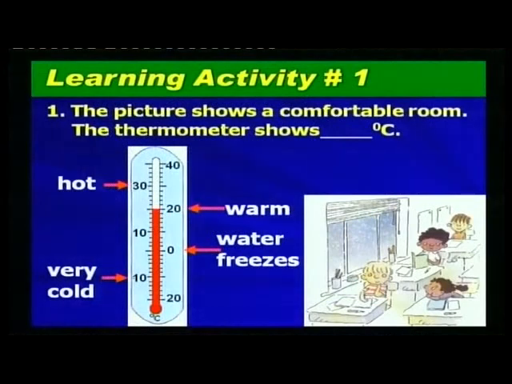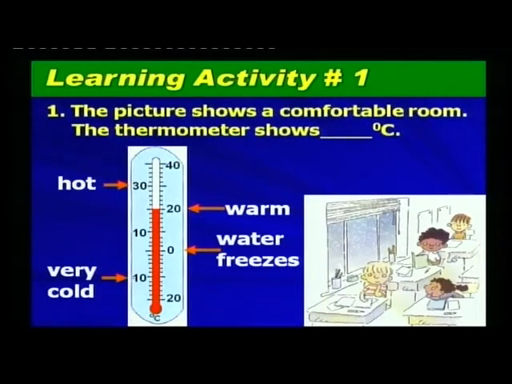What would be our temperature reading from this thermometer when the room is comfortable for you to sit inside and learn? From the thermometer, who would like to give us the temperature reading?